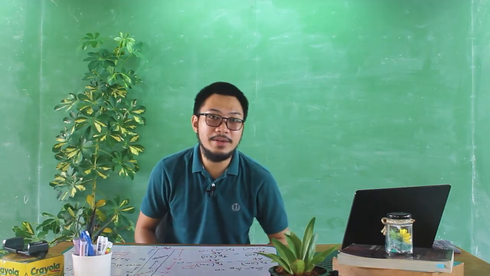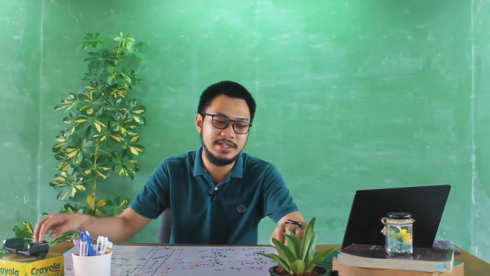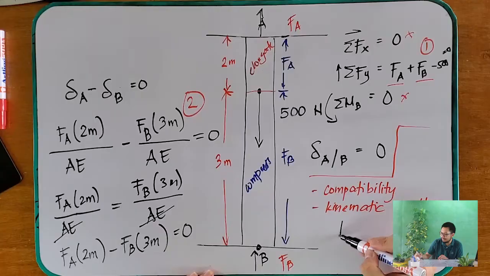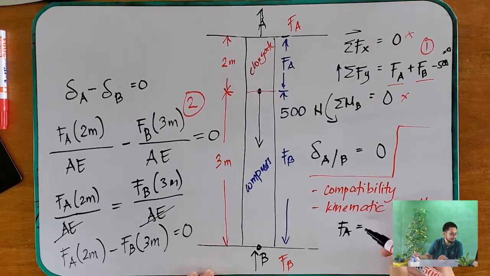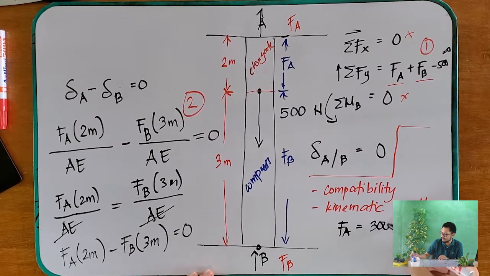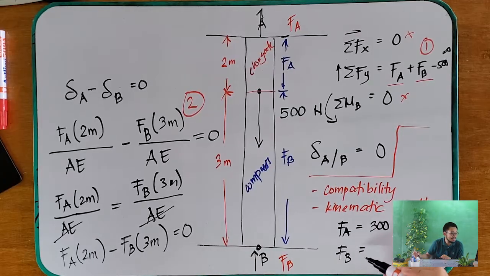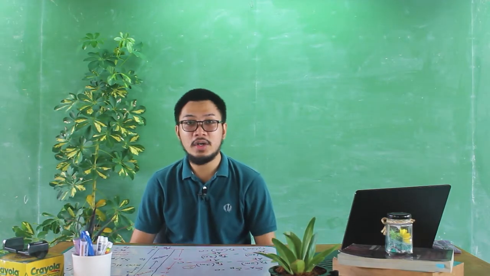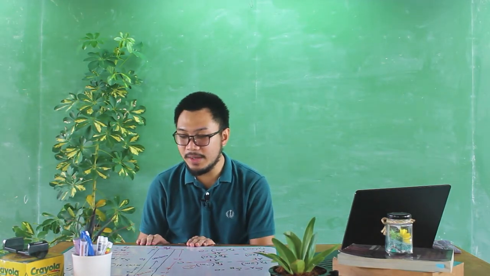And by using your knowledge in solving two unknowns using 2 equations, you will arrive at the answer for your FA as 300 newtons and for your FB as 200 newtons. Okay? So we have solved the problem.